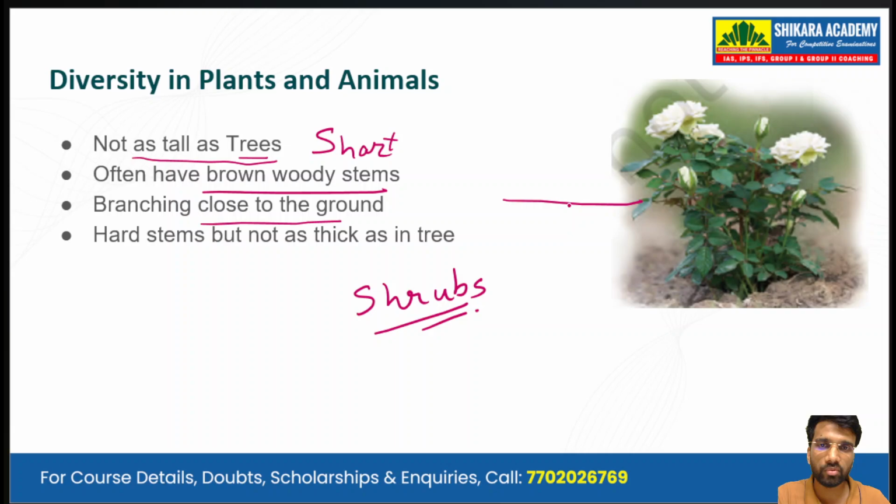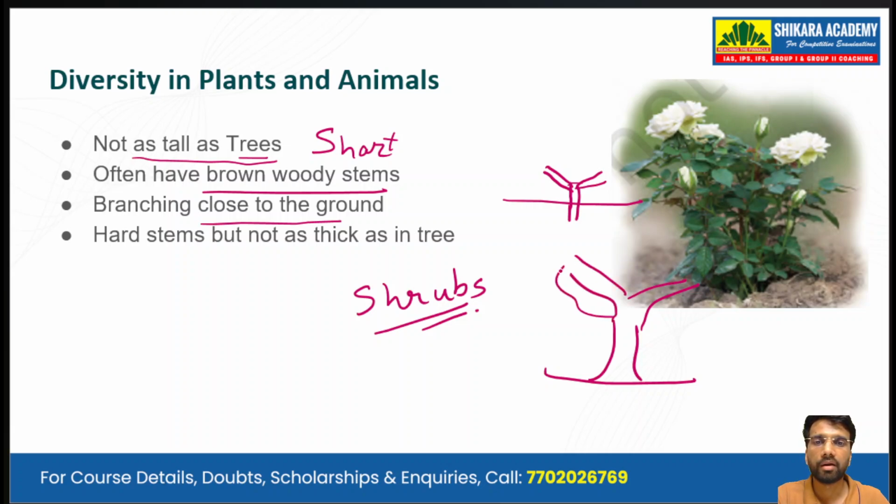So if this is the ground, a shrub's branching starts very close to it, whereas a tree branch is away from the ground. They have hard stems, but the thickness of stems is not as much as in trees.